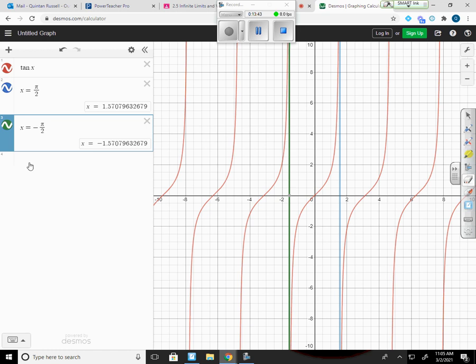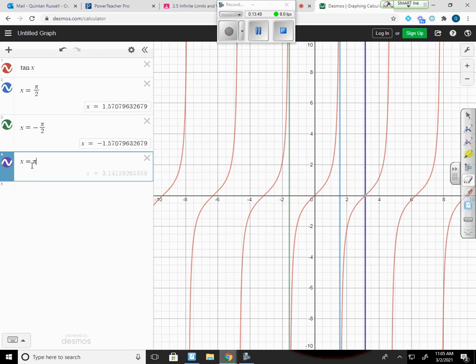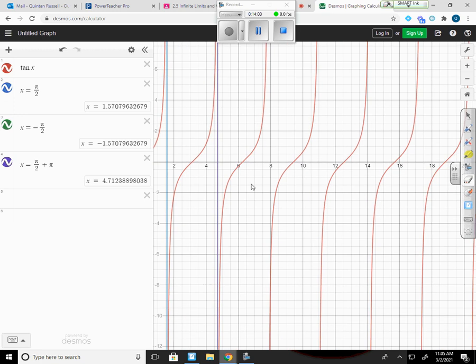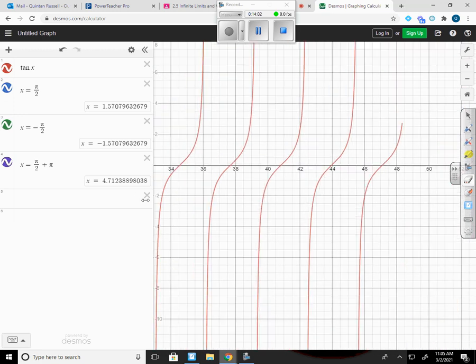And then if I add pi to each one, you're going to see that it just keeps creating more and more asymptotes. And this goes on forever.